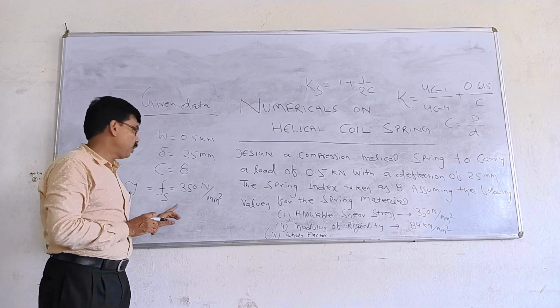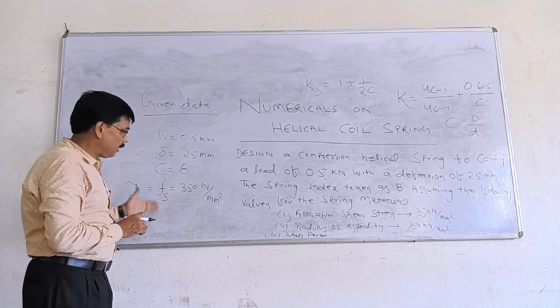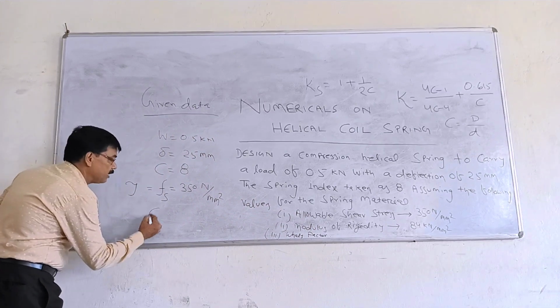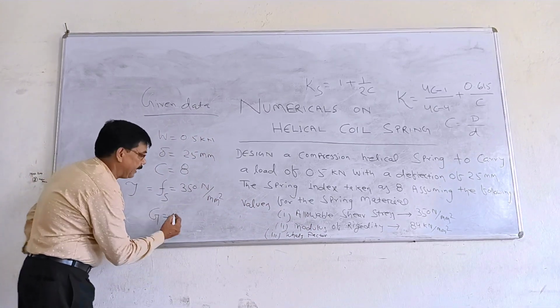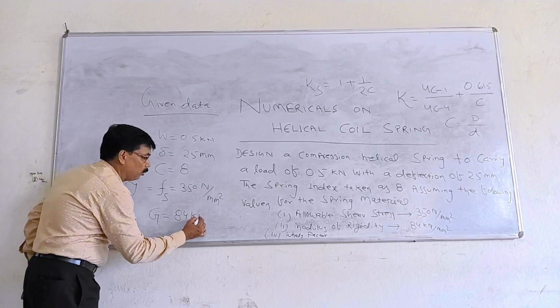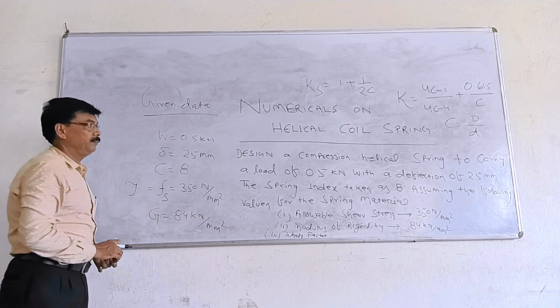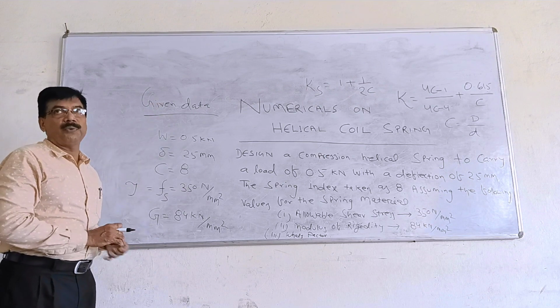So write down Fs is equal to 350 Newton per mm square. Then modulus of rigidity, that is capital G, the value is 84 kilonewton per mm square. So we will go for design.